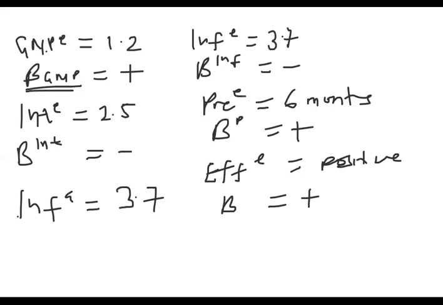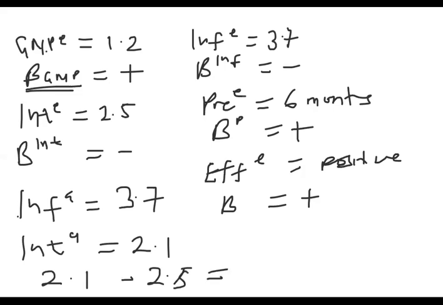Now let's look at that of interest rate. So the interest rate expected was 2.5, and now we have the interest rate actual, which equals 2.1. So the interest rate actual, which is 2.1, minus the expected, which is 2.5, you have what? Negative 0.4. Now negative 0.4, and we also said the coefficient of interest rate was what?